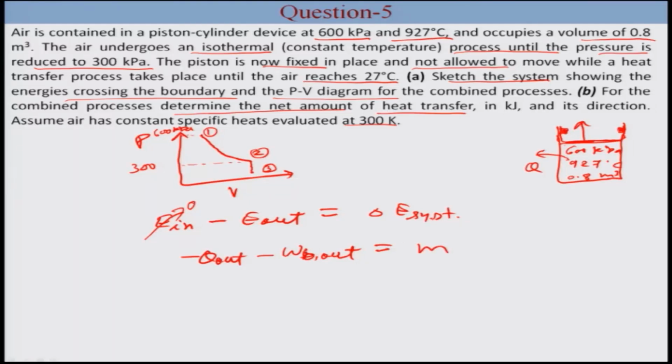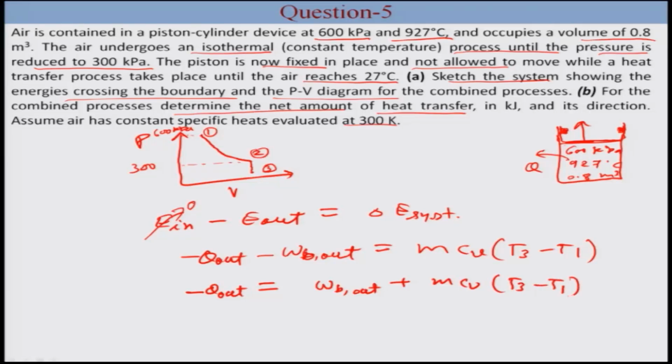So the total change in internal energy of this system will be nothing but m cv delta T, T3 minus T1. Here we assume that this air behaves as an ideal gas. So from here we get minus Q out equal to net work done by the system plus change in internal energy. We know this is the total work done by the system.